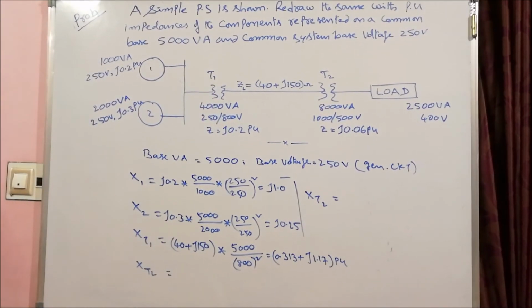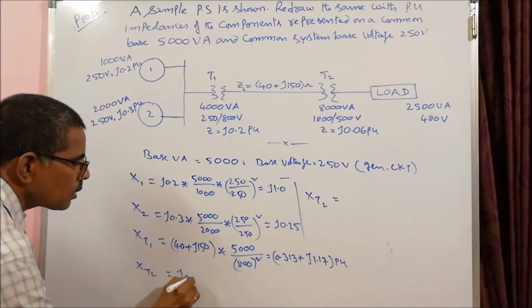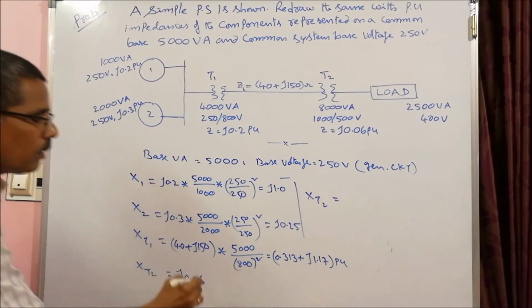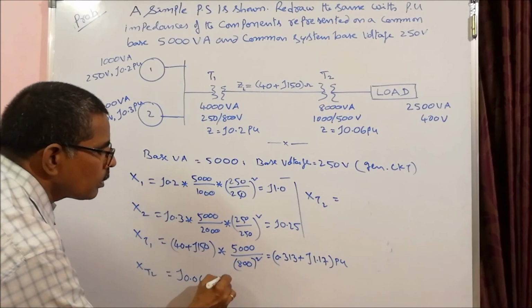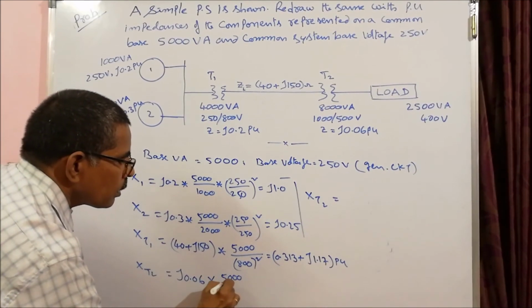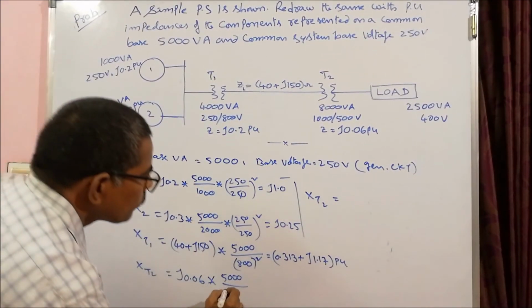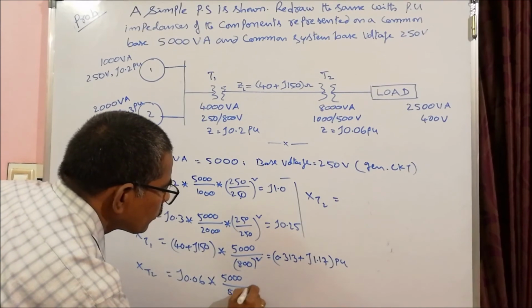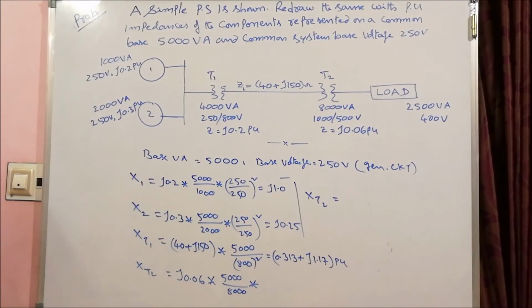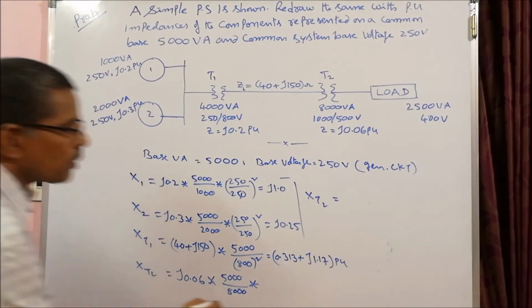Then transformer 2 is J0.06 times 5000 by 8000 times 1000 by 800.